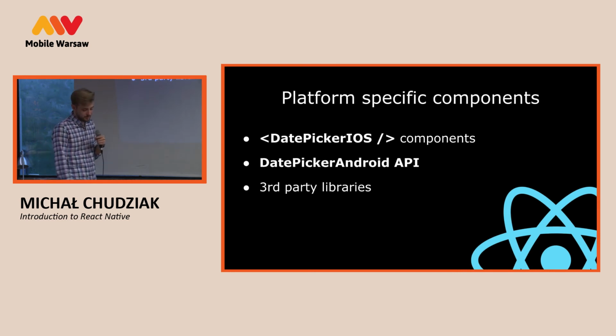You probably noticed in the navigation that there was a platform-specific component called Navigator iOS, and there are many of them. Date pickers are the biggest difference, because in iOS we have this scrolling thing, and in Android we have some kind of overlay to actually choose the date, and it works pretty differently.